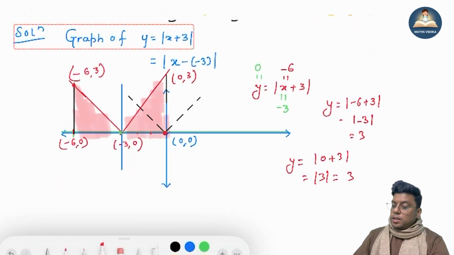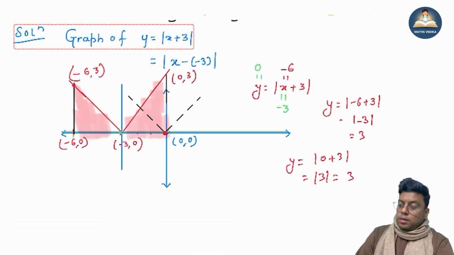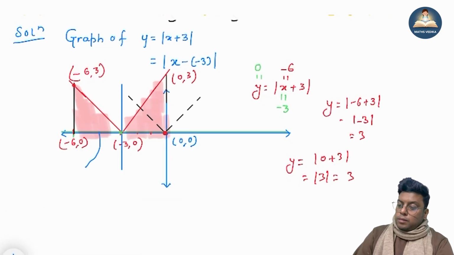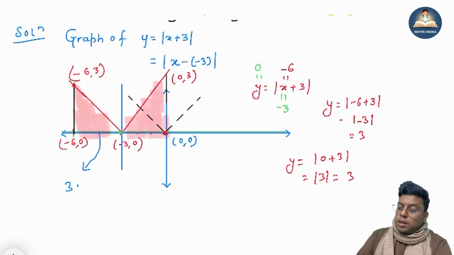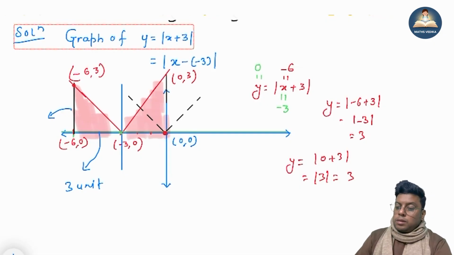This triangle is a right angle triangle whose base is 3 units, from -6 to -3, and whose height is also 3 units.